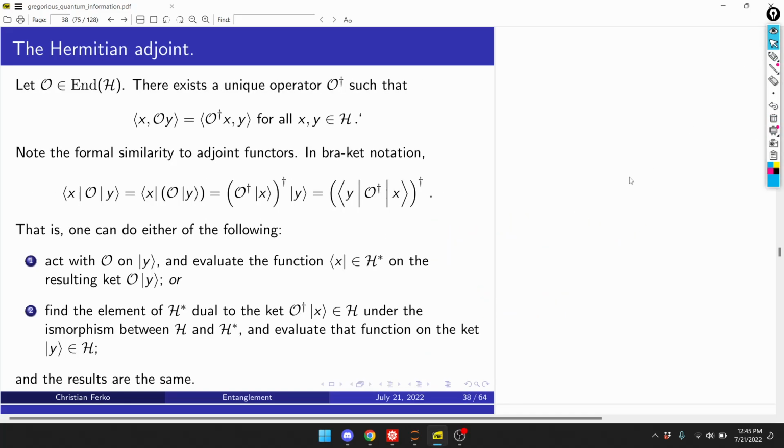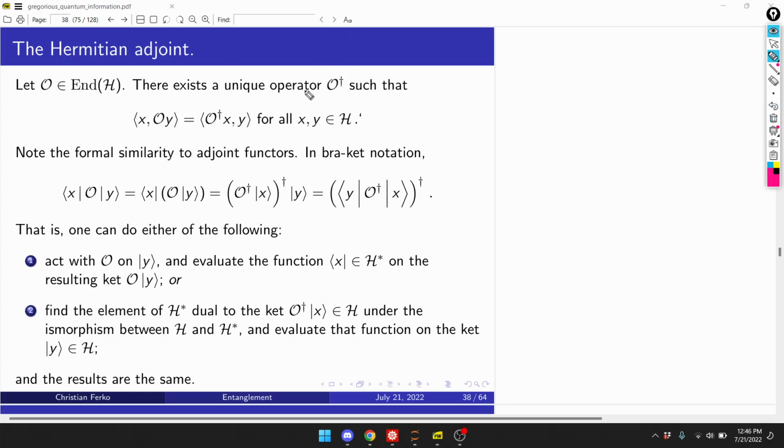Okay, very nice. We need another ingredient. If O is a linear map, it's an element of the endomorphism ring on H. I claim, and this is a pretty easy consequence of the Riesz representation theorem if you want an exercise, that there exists a unique operator, O dagger. Remember, we used the symbol dagger before, but I'm defining a different notion of dagger that acts on operators now.